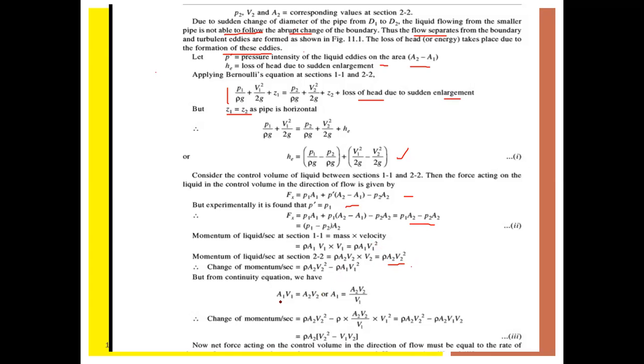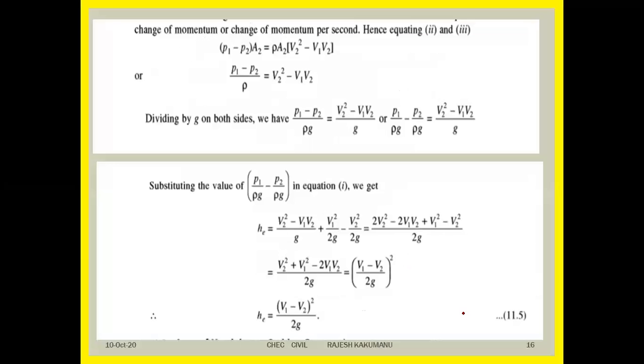Applying the continuity equation, A1 V1 is equal to A2 V2, so A1 is equal to A2 V2 by V1. Substituting, taking rho A2 common, we get V2 square minus V1 V2. So this is the net force acting.